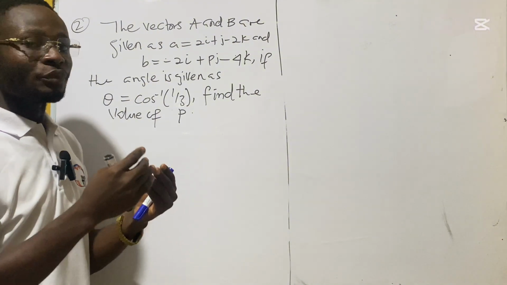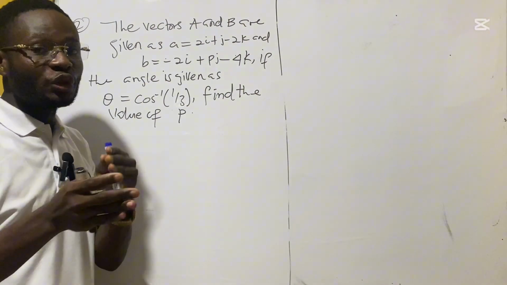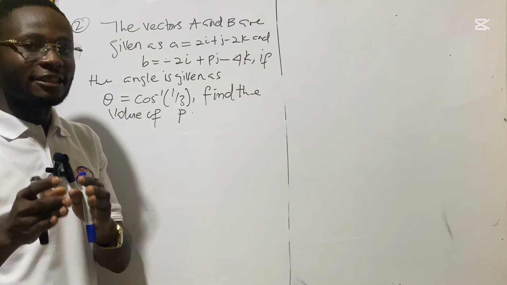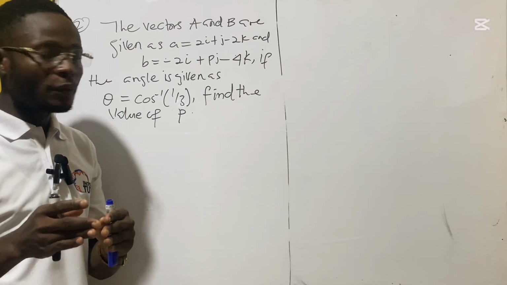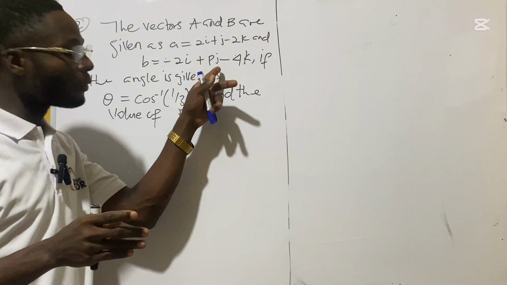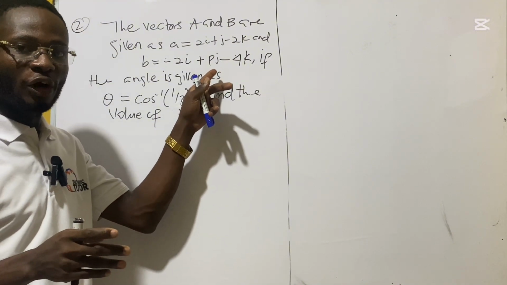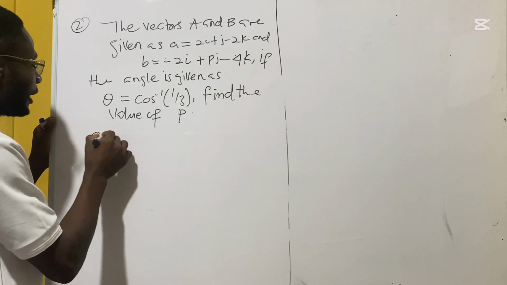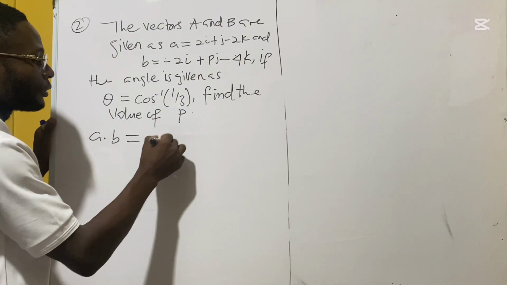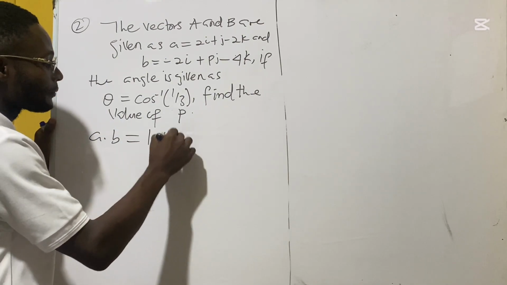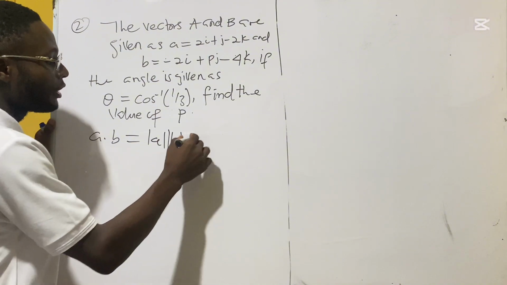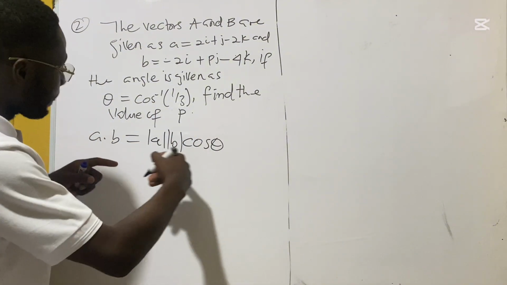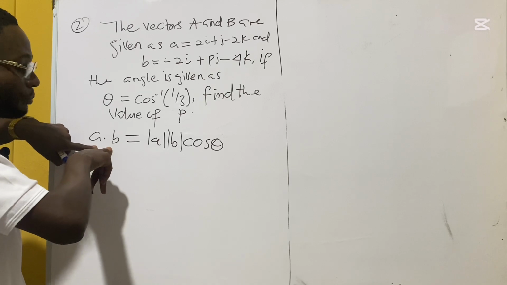So we have to change the subject of the formula and find our variable. Here our variable is p. We know that a dot b is equal to the magnitude of a times the magnitude of b times cos theta, right? So here we find the a dot b.